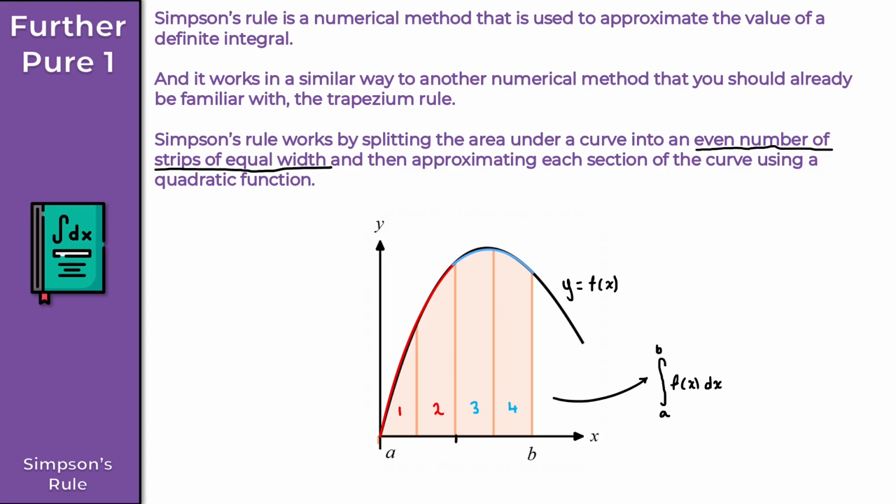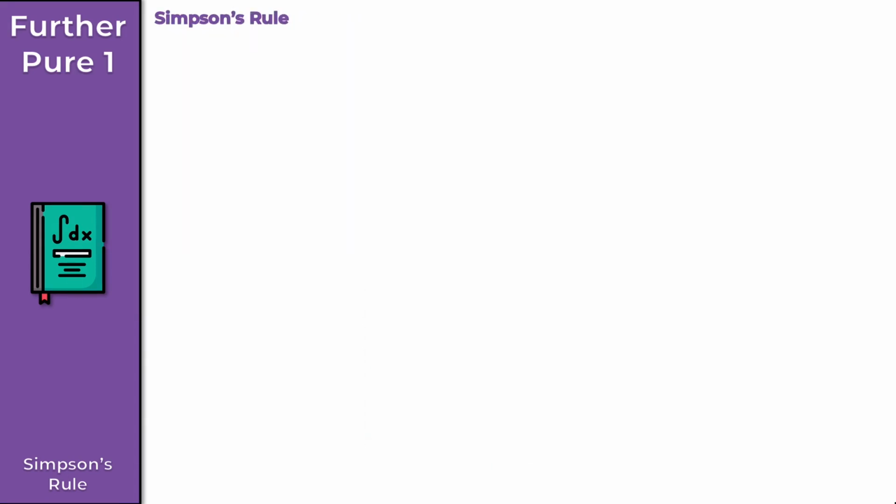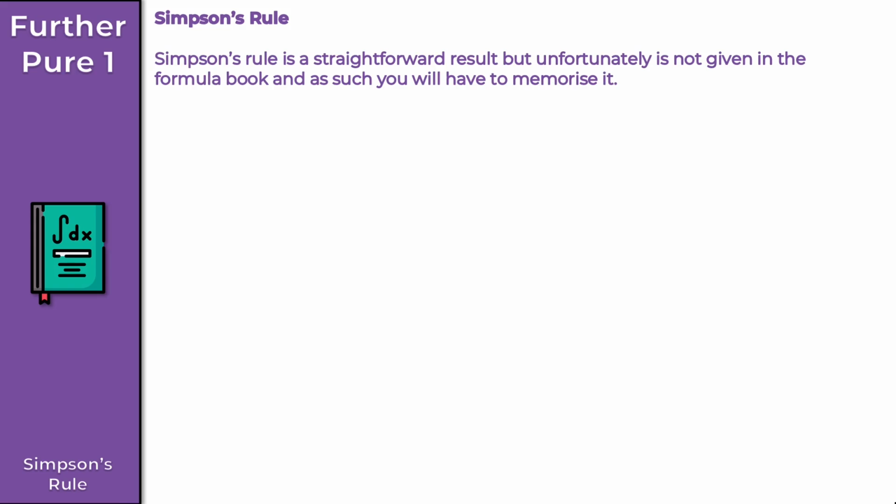So I do appreciate that I haven't actually given Simpson's rule yet, or the result for Simpson's rule. So we're going to take a look at that now on the next page. So that concludes everything for this page. Let's have a look now at Simpson's rule more formally. Now, Simpson's rule is a straightforward result, but unfortunately it is not given in the formula book.